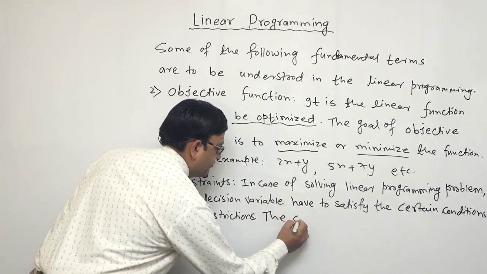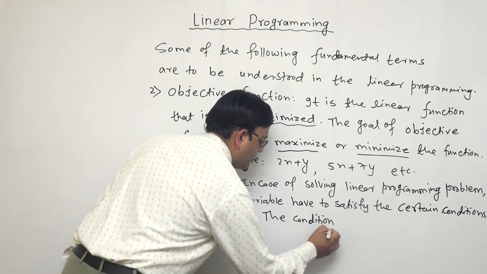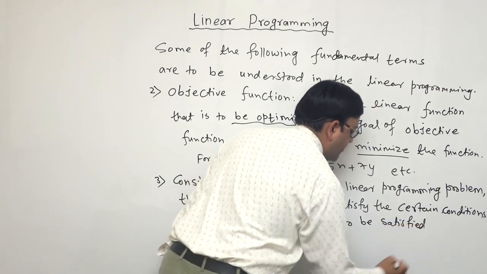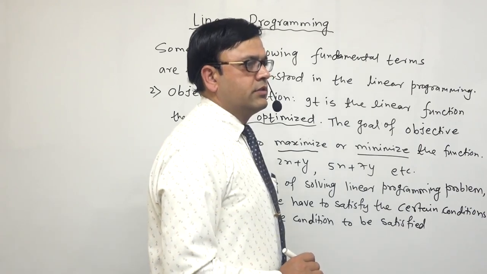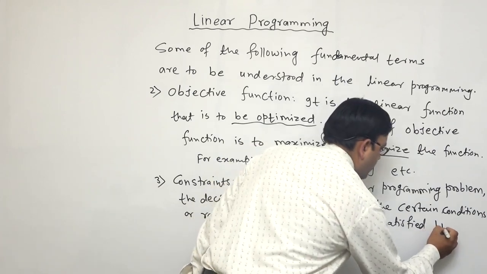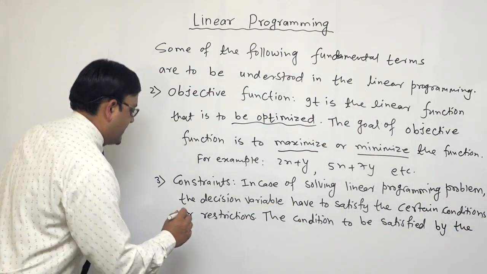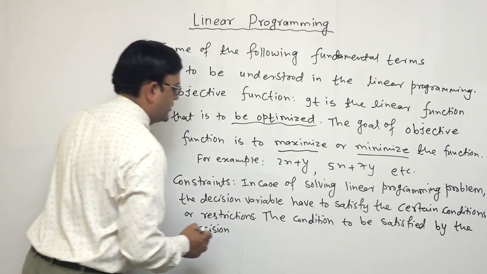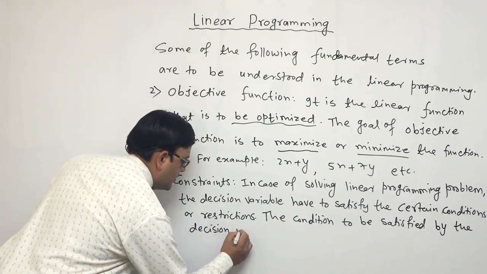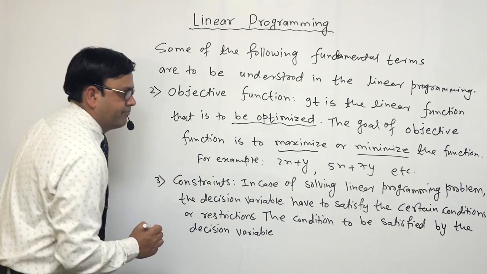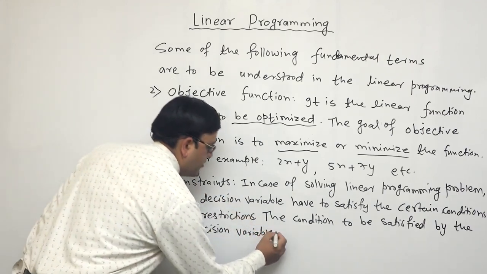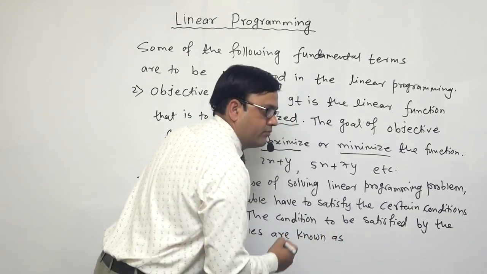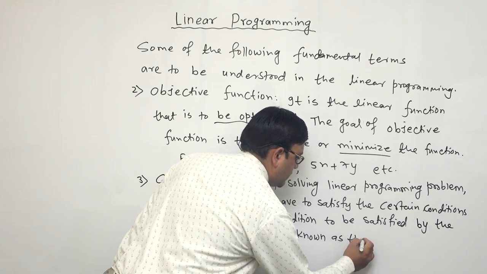The conditions to be satisfied by the decision variables are known as the constraints.